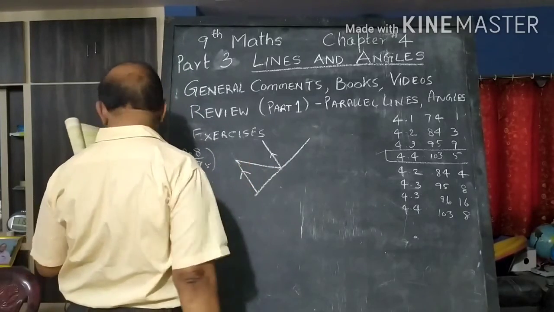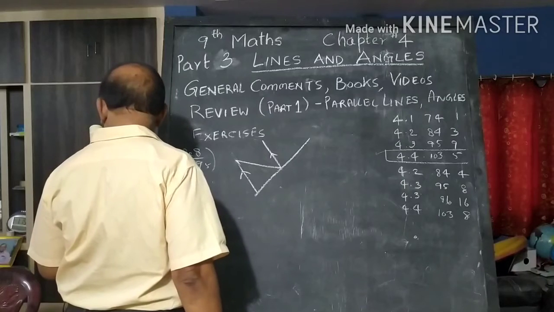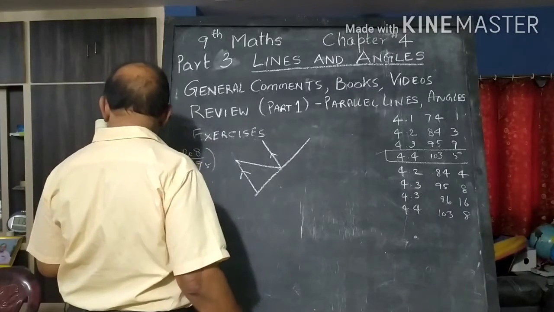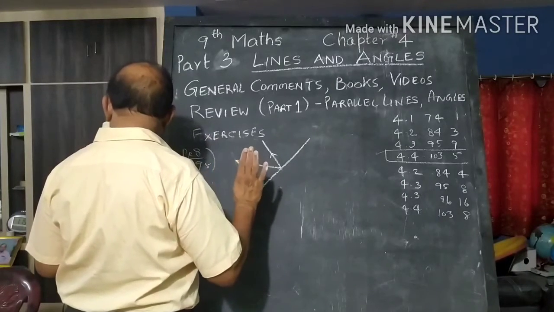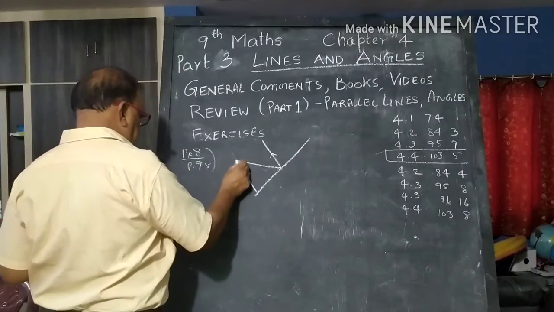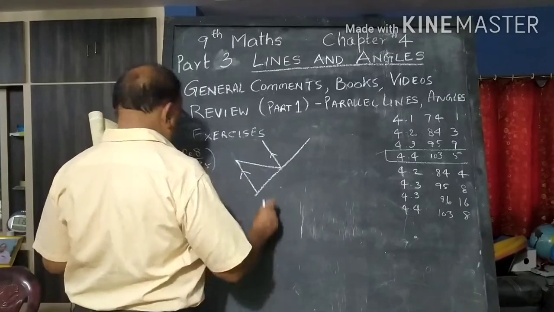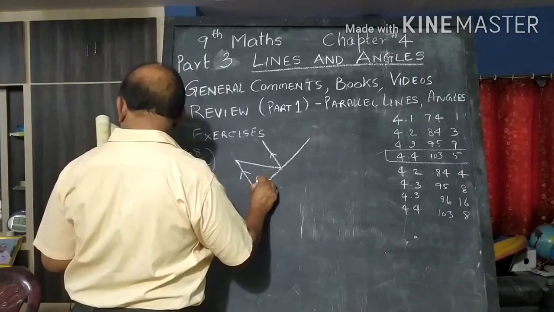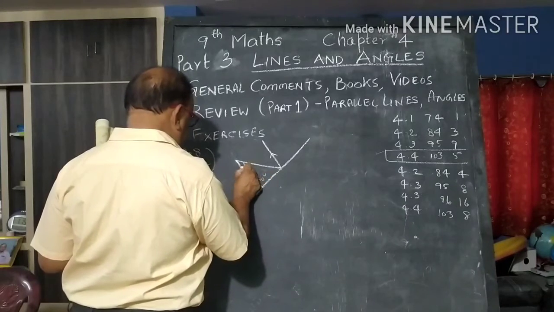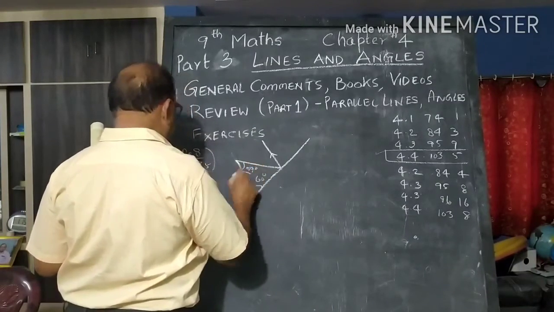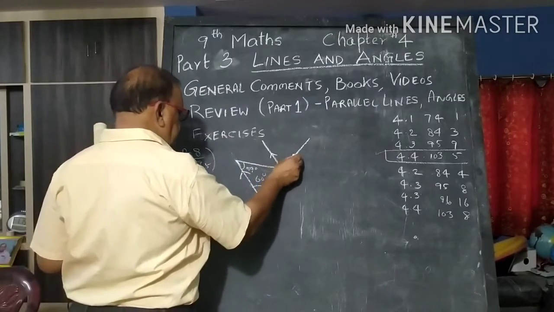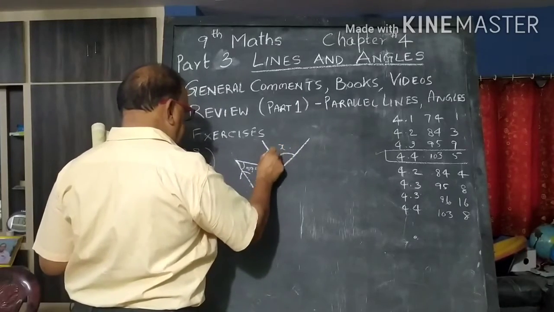So here, what are they saying? In the figure, arrowhead segments are parallel. Find the values of x and y. Let me mark the other values. So this one is stated as 60 degrees. This one is stated as 59 degrees. Okay? And this is x and this is y.